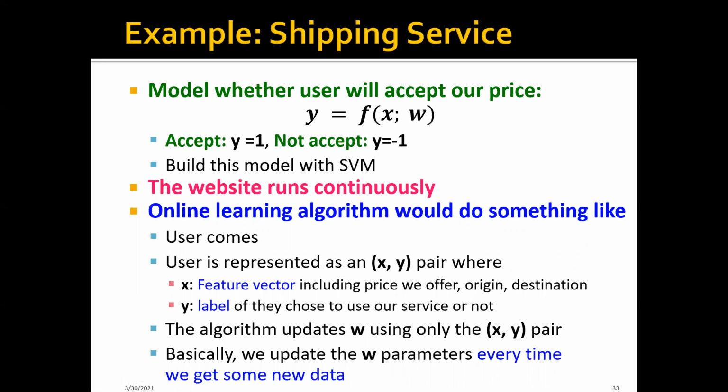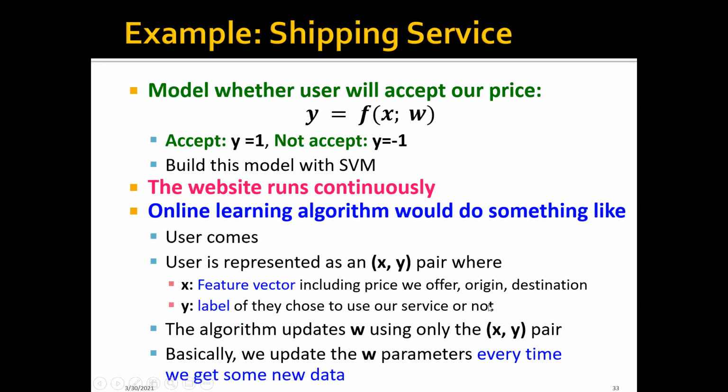And let's say the website will run continuously, and the online algorithm would do something like this: the user comes and the user is represented as a pair of X and Y, where the X is the feature vector that includes the price we offer, the origin of the shipping, and the destination of the shipping.